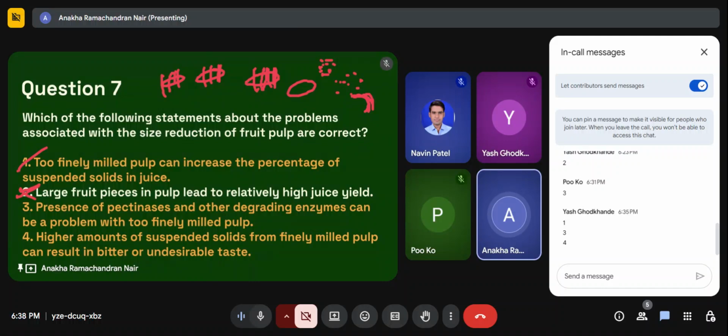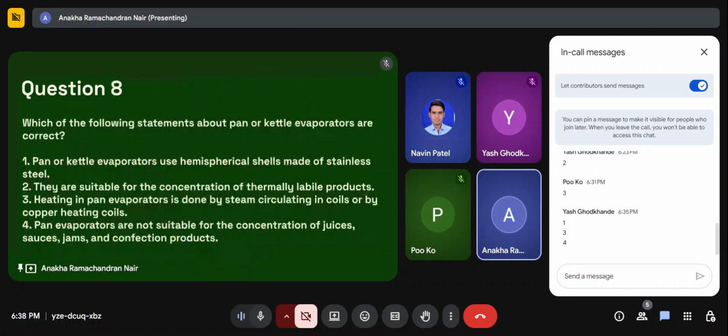Question number 8 is, which of the following statements about pan or kettle evaporators are correct? There are four options. Option 1: pan or kettle evaporators use a hemispherical shell, that is this shape, made of stainless steel. Option 2: they are suitable for concentration of thermally labile products. Option 3: heating in pan evaporation is done by steam circulating in coils or by copper heating coils.